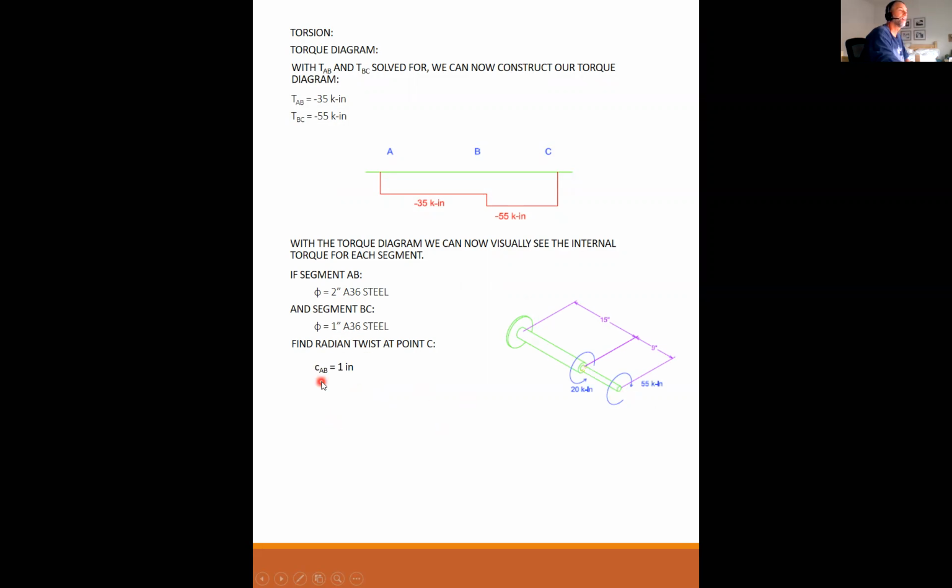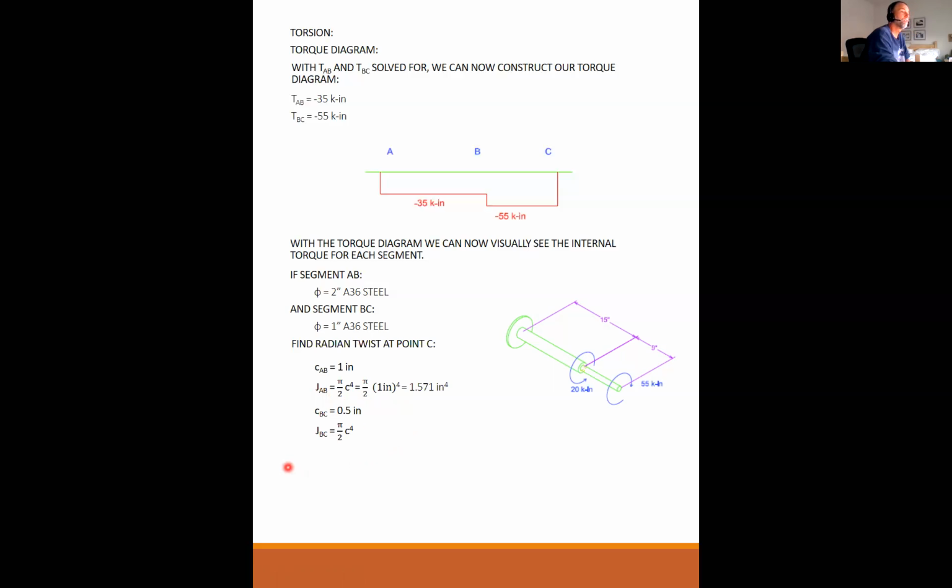So the radius of AB is 1 inch. So the polar moment of inertia for A to B is pi over 2 c to the 4th, pi over 2 times 1 inch to the 4th, 1.571 inches to the 4th. For BC, the radius is a 1/2 inch.